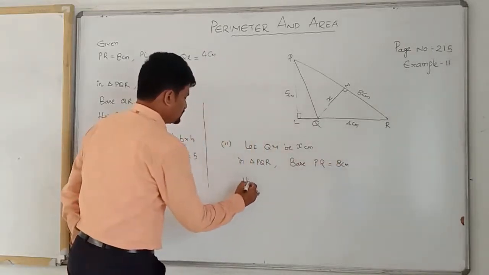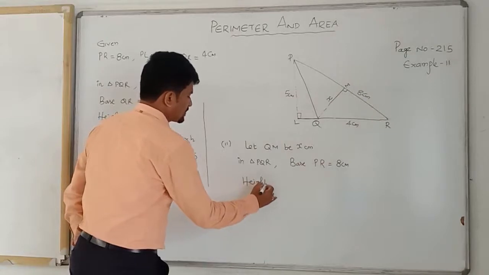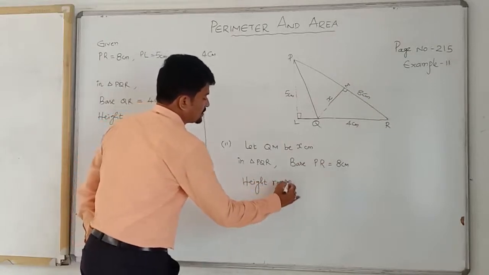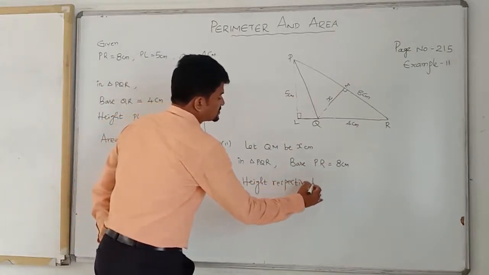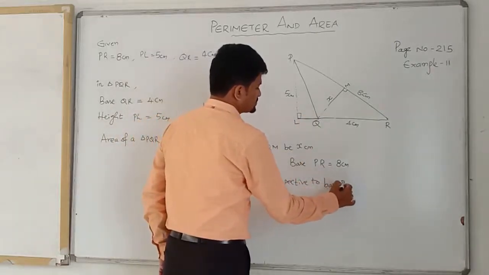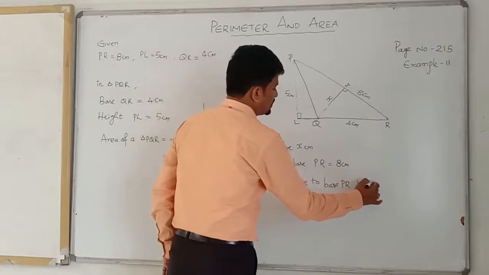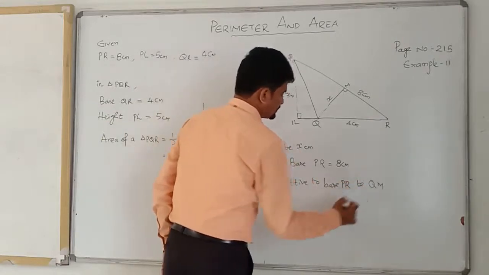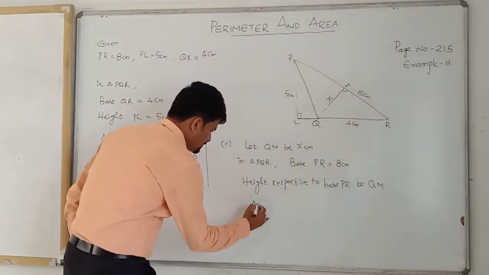Height with respect to base PR is QM. Am I right? Now area of triangle.